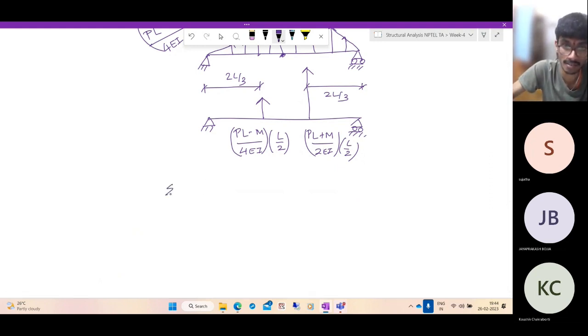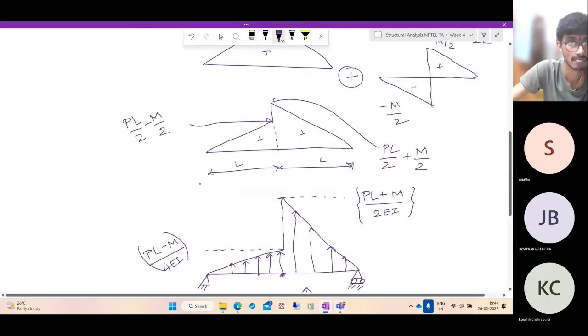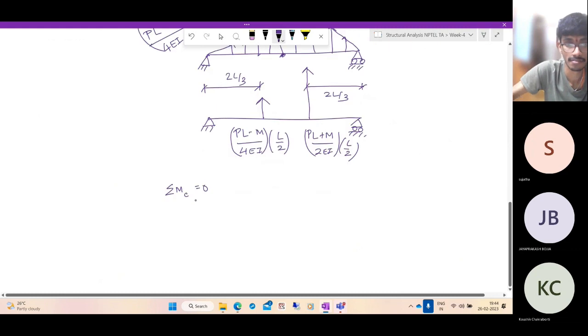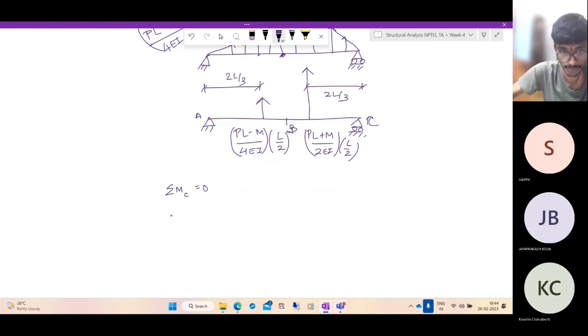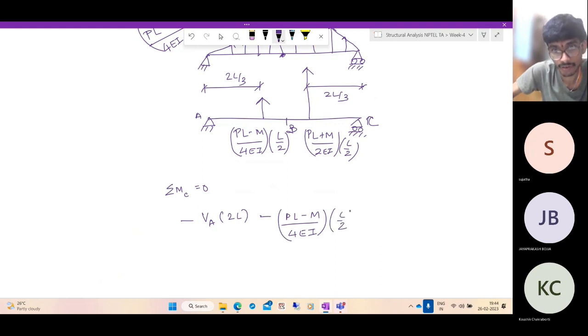Take moment. So sigma moment about the point C equal to 0. This is point A, C, and point B. You do that, what do we get? The shear force at the point A acting at 2L will produce a counterclockwise moment minus PL minus M by 4 EI into L by 2 acting about C, right?